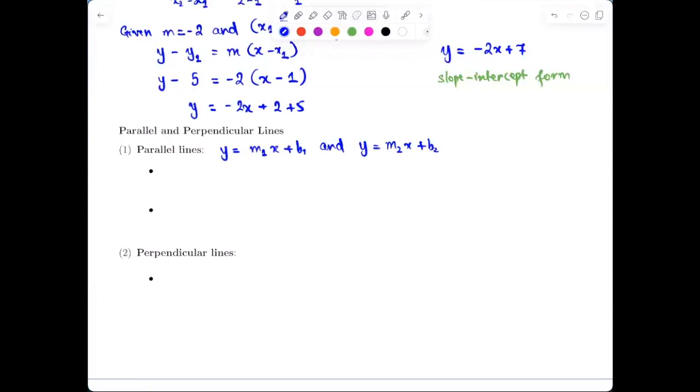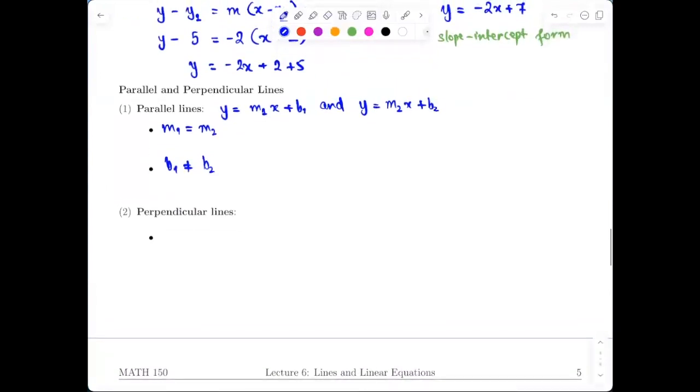Now the two lines are parallel if m1 equal to m2, if they have the same slope, and b1 is different from b2. I need an extra condition here because if b1 equal to b2, then it's just two lines on top of one another. But the important condition is that the two slopes need to be the same.